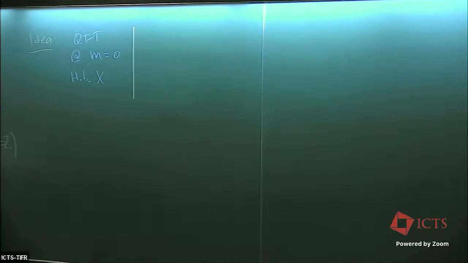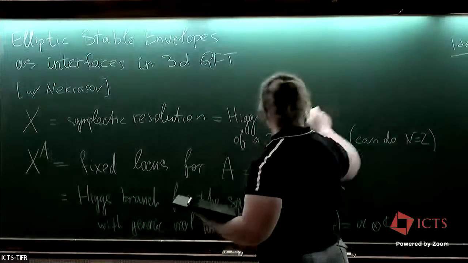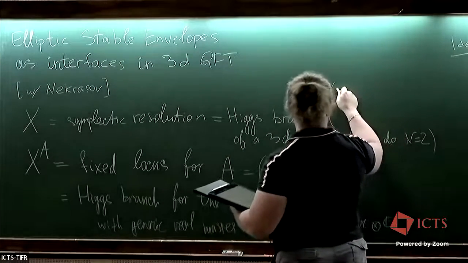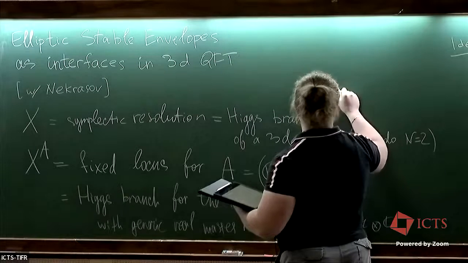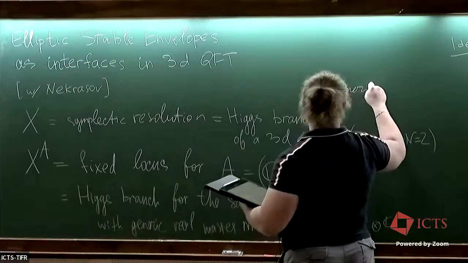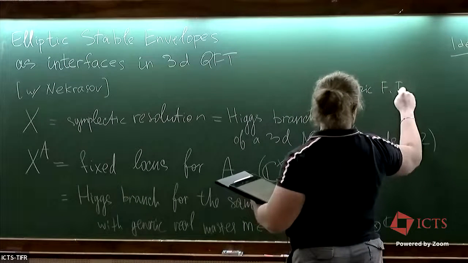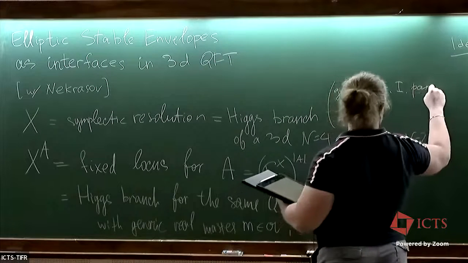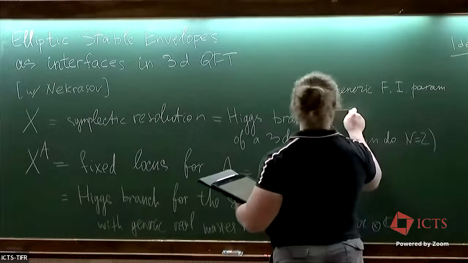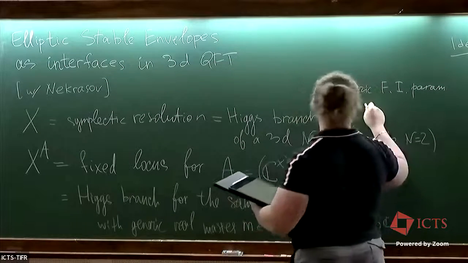And I should have said here that for the Higgs branch, we assume generic FI parameters, which means that this X is fully resolved.